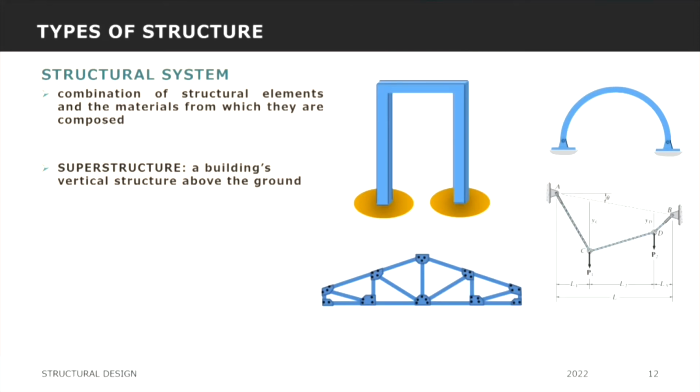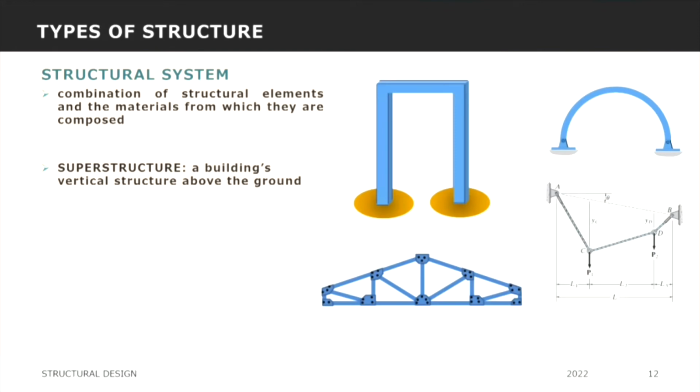Yung ilang structural system ay based on a single material or a combination, for example concrete, wood, or the steel structural system which consists of horizontal steel beams and vertical steel columns. Or in combination, it is along with horizontal floor plan of steel and concrete.